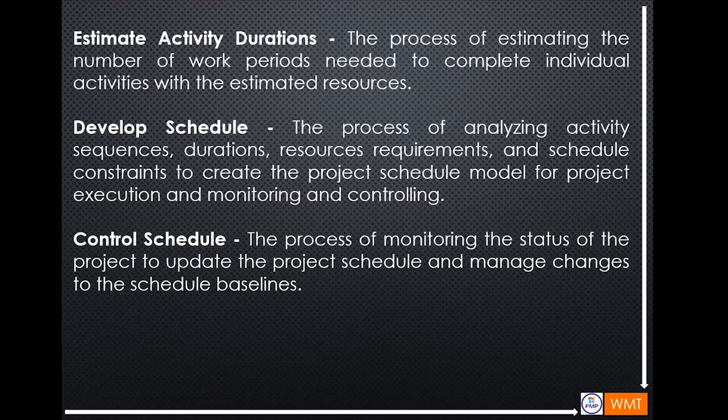And lastly, control schedule: the process of monitoring the status of the project to update the project schedule and manage changes to the schedule baselines. These definitions you can see in the PMBOK guide.